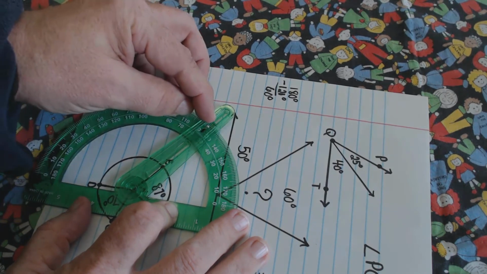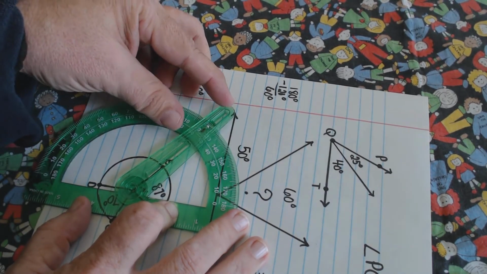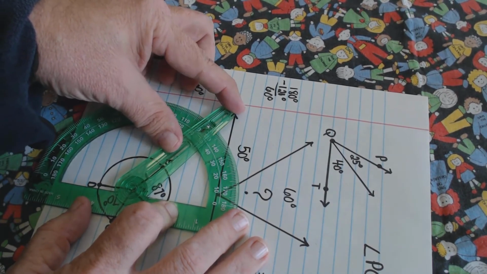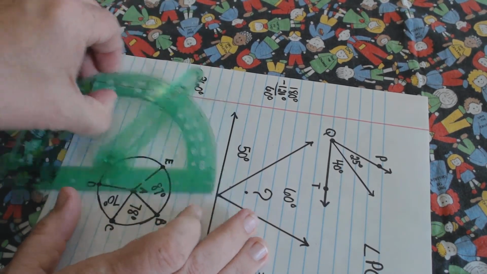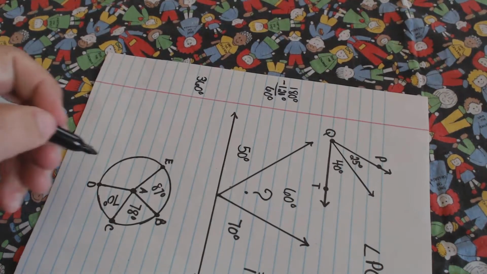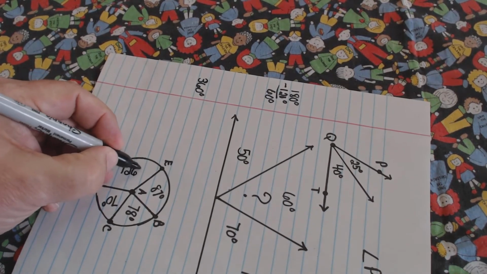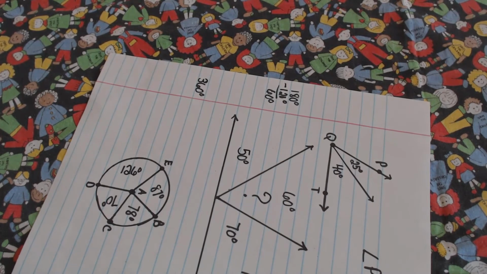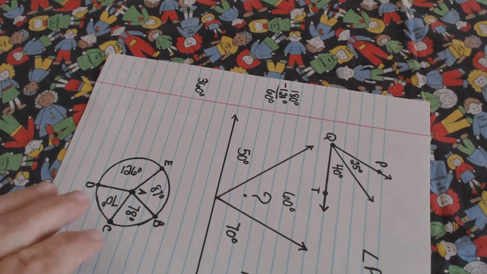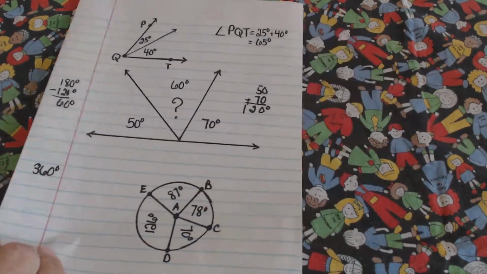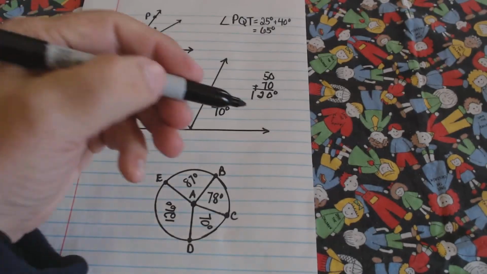Halfway between 120 and 130 is 125. And I seem to be about 1 degree past that. That would be 126. So the way we determine if this makes sense is let's add up our 4 angles.